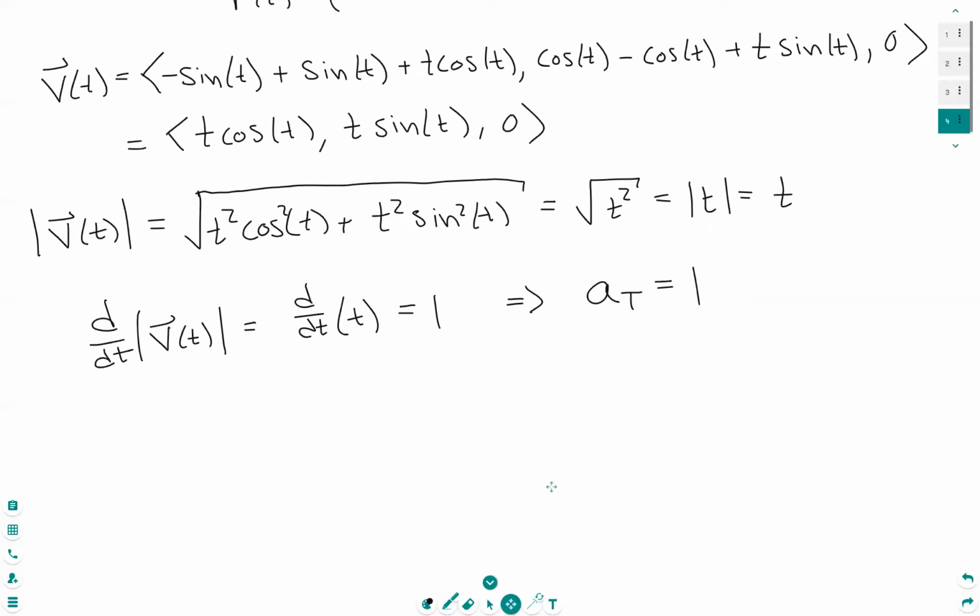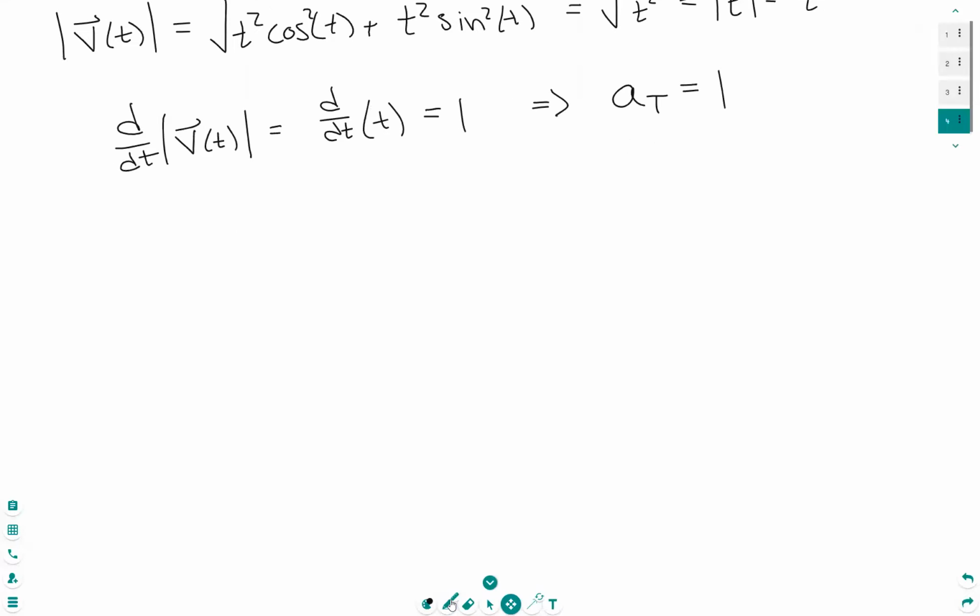So in general, if I have one of them, what I can do is, let's write this out. Now in general, the magnitude of acceleration squared by definition is a dot a.